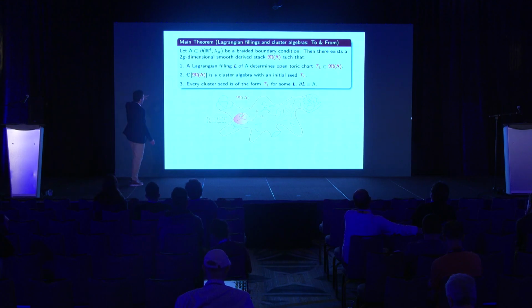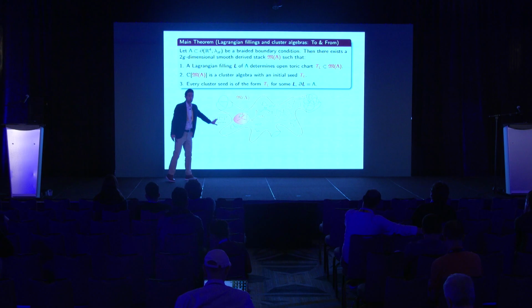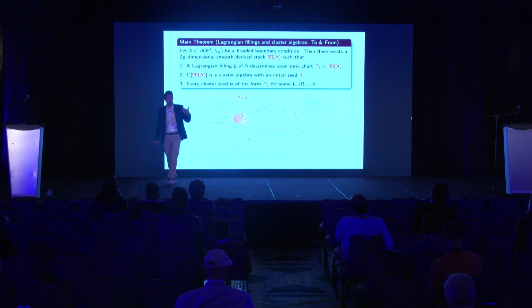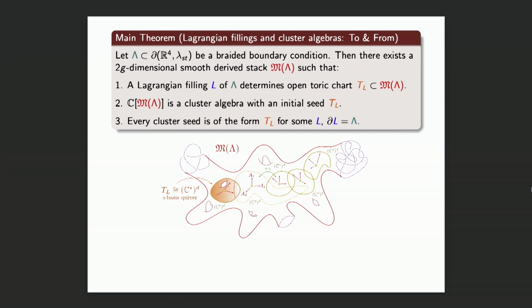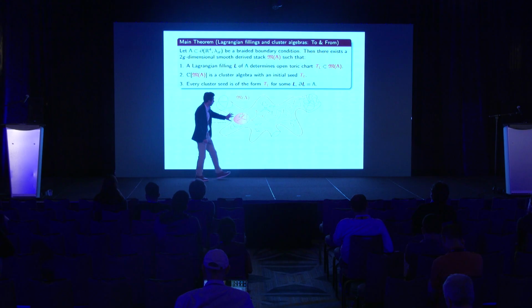Statement number two is a statement about the geometry of this space. The precise statement is the coordinate ring of functions is a cluster algebra. What does it mean geometrically? It means two things. It means that up to codimension 2, your space is covered. It has an atlas by open toric charts, like this one. And second thing, the transition functions are given by some very specific formula.